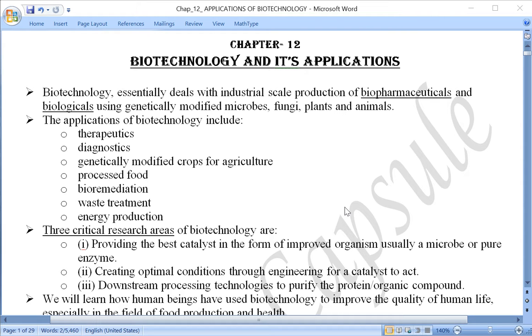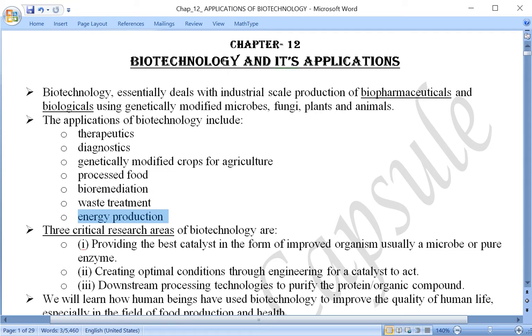For example, we are talking about water pollution, chemical pollution, and in the soil, pollutants have increased and accumulated. How can we use the knowledge or technique of biotechnology to revert back and obtain environmental conditions which are more sustainable for human beings and the existence of life here? Next one is waste treatment and energy production.